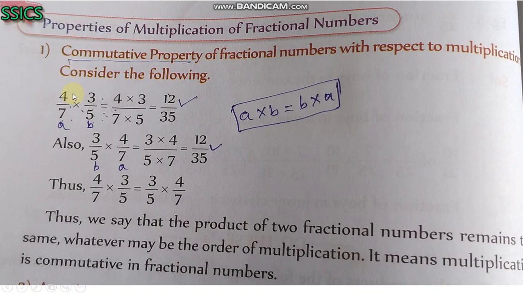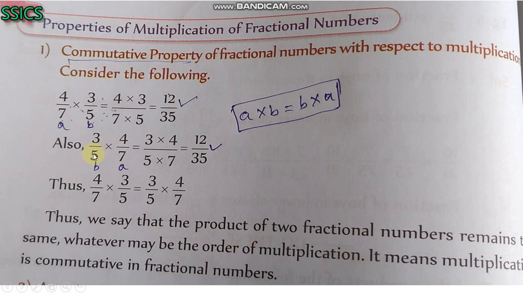For example, consider 4 by 7 into 3 by 5. We multiply numerator to numerator and denominator to denominator: 4 into 3 and 7 into 5. 4 threes are 12, 7 fives are 35. So the answer is 12 by 35.